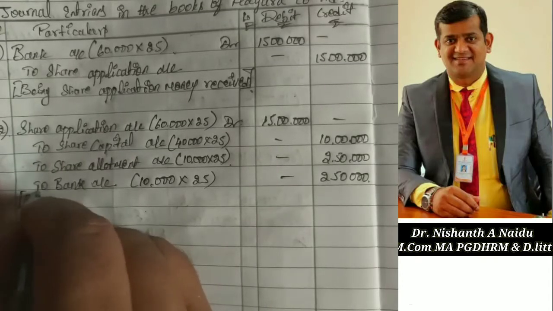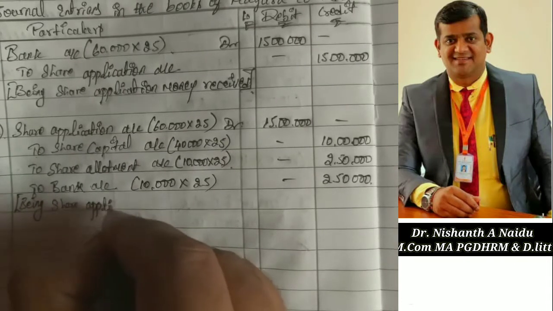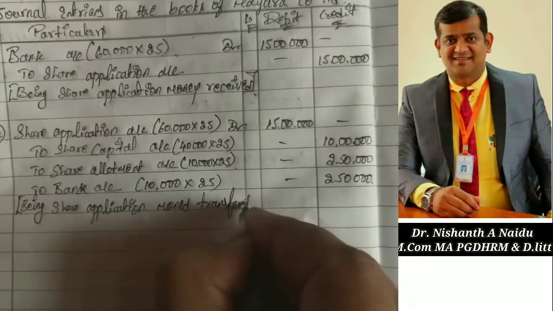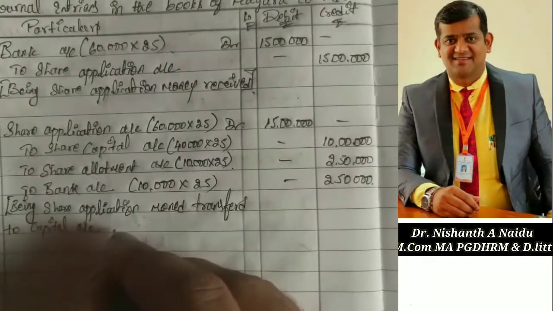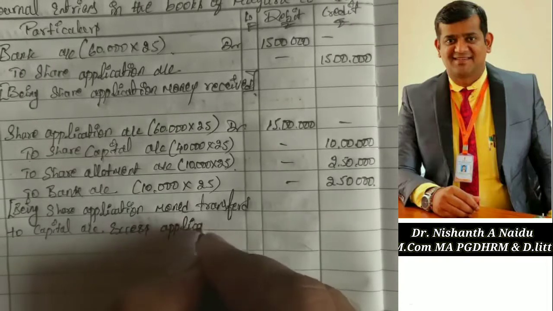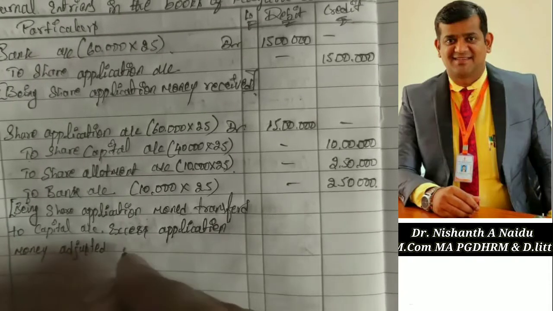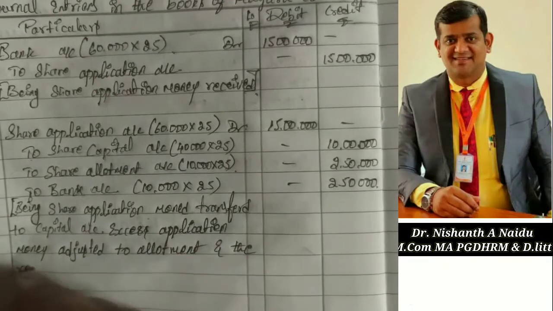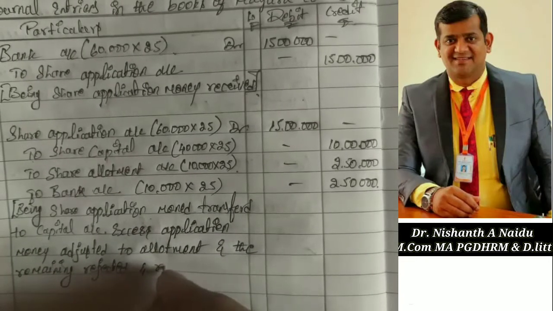So write down the narration: being share application money transferred to capital account, excess application money adjusted to allotment and the remaining rejected and refunded.